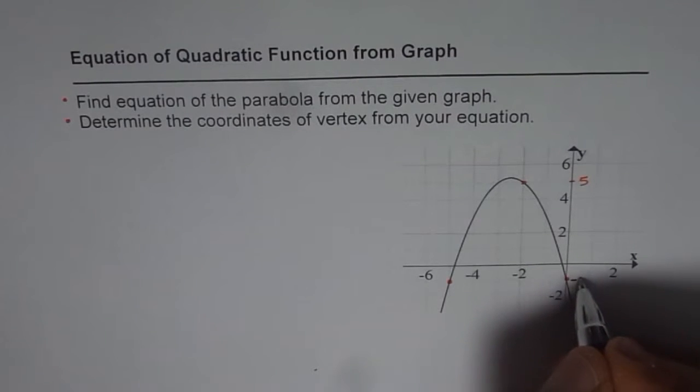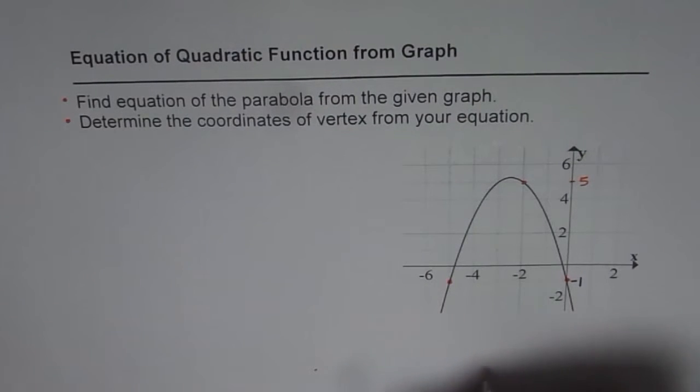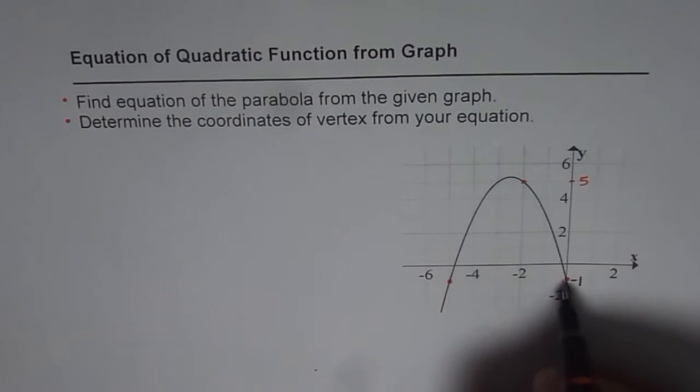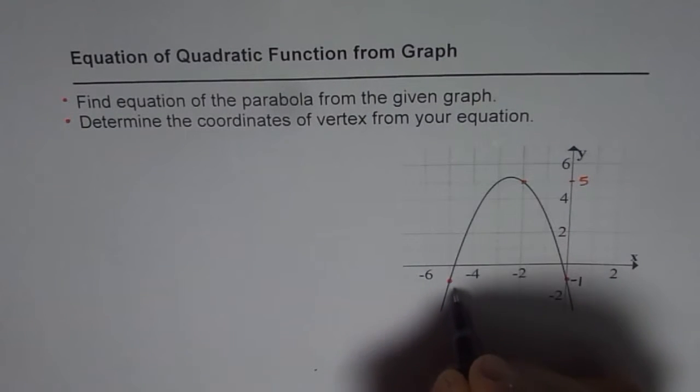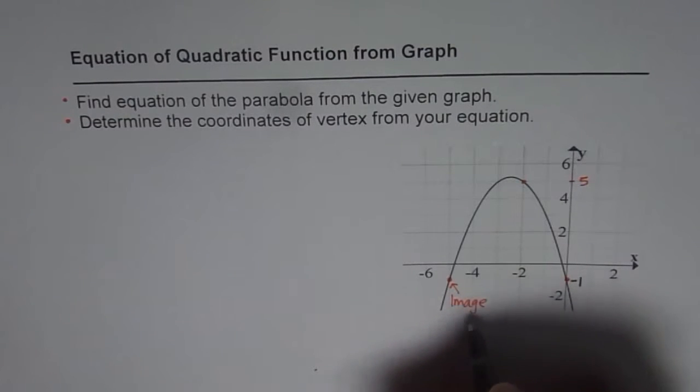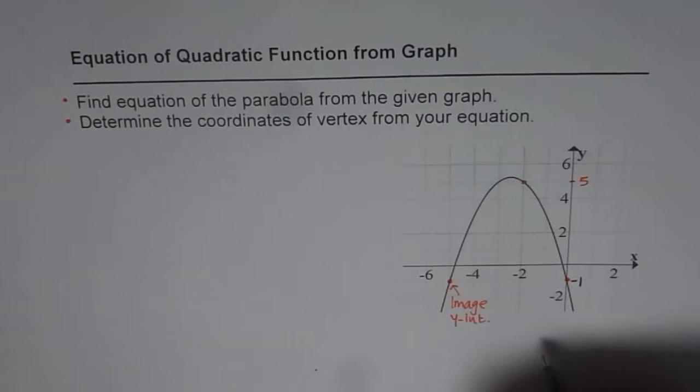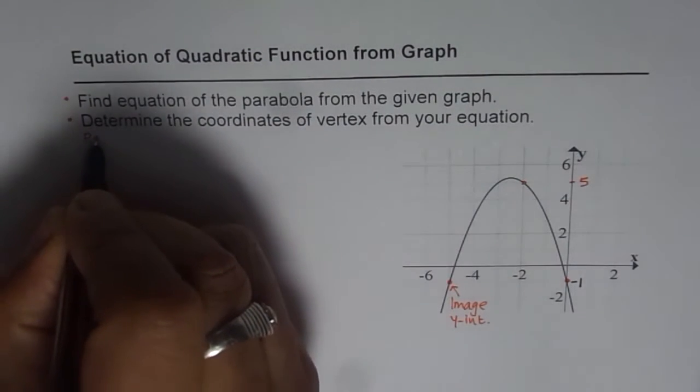You'll also notice that we have a point which is symmetric to this y-intercept. We call that the image of the y-intercept. We'll use these 2 points to find the equation, and that form is called partial factor form.